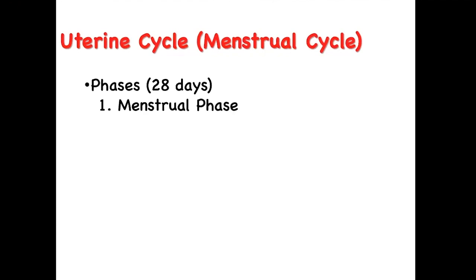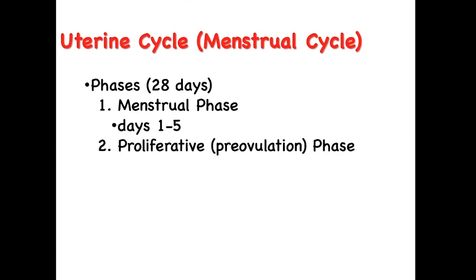The uterus undergoes cyclic changes during the month in response to the ovarian hormones estrogen and progesterone. It is also known as the menstrual cycle, and there are 3 phases. It will occur over a period of 28 days. The first phase is the menstrual phase, which occurs on days 1 through 5.